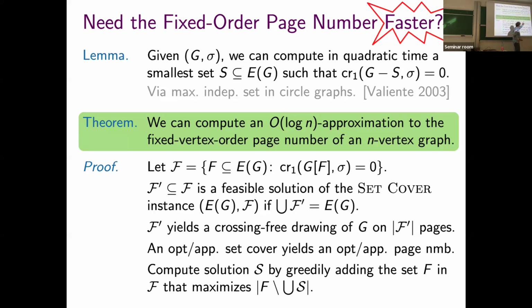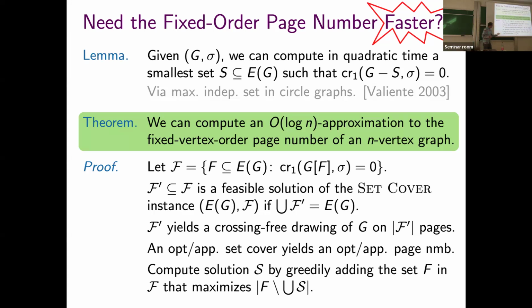And which one do we choose first? Well, first of all, we take the biggest one that we can find that doesn't have any crossings, and we can find it using this lemma. And then in the next step, the second set that we want to find is the one that covers as many uncovered edges as possible. That's how the greedy algorithm works.